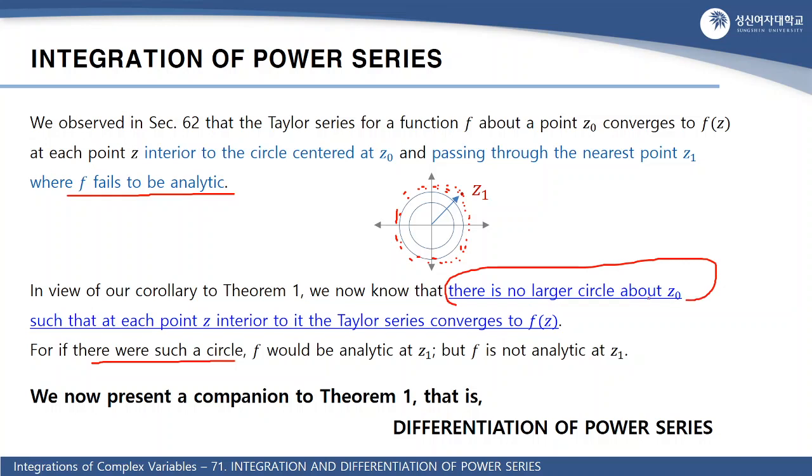this statement holds. That is, there is no larger circle about g0 such that at each point g interior to the circle, the Taylor series converges to f of g.